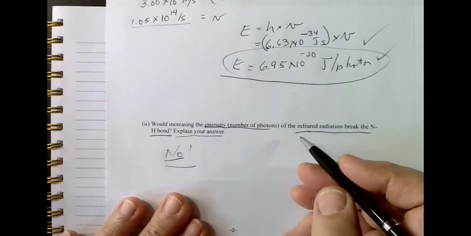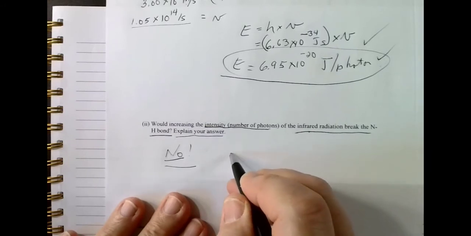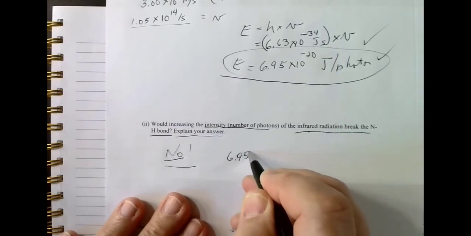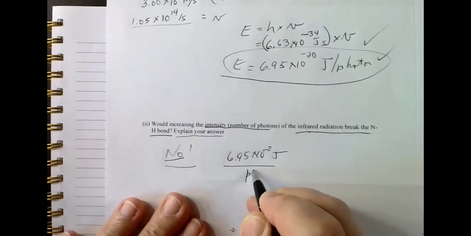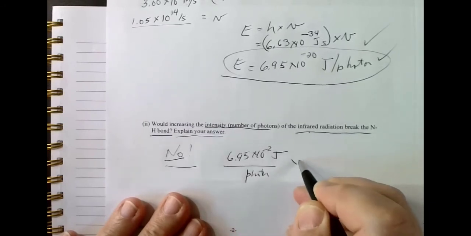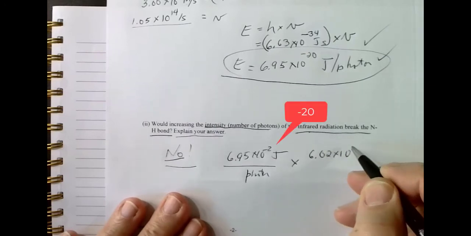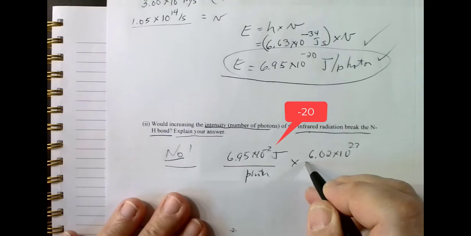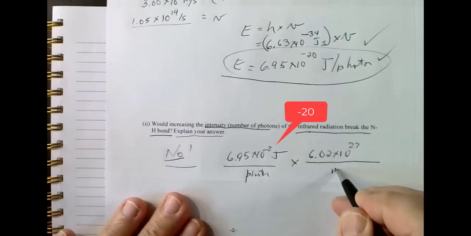What I would do is I would just do one calculation. I would take the energy of the photon, 6.95 times 10 to the negative 20 joules per photon, and multiply by Avogadro's number, 6.02 times 10 to the 23 per mole.